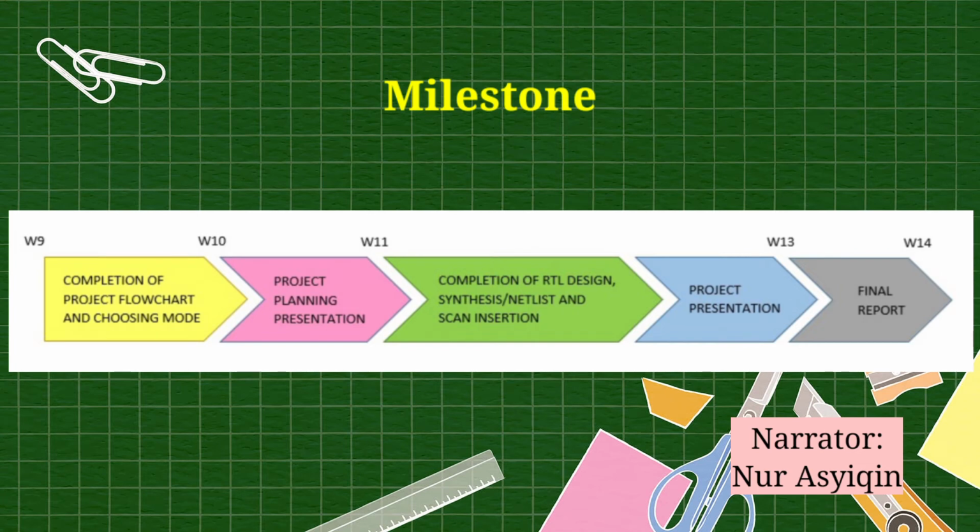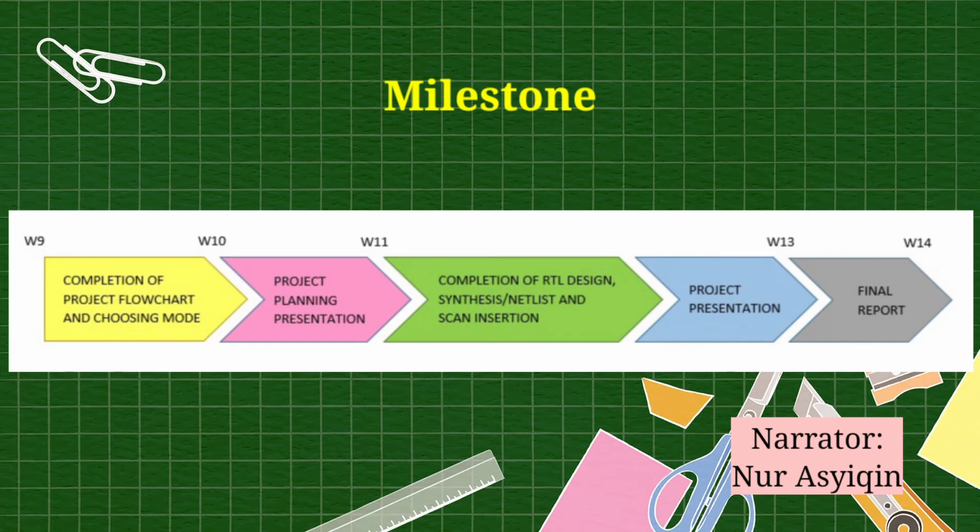Now, we're going to talk about the project milestone. The project milestone is quite similar to the Gantt chart, except it is more to measure achievement in the project flow instead of listing down all the processes like in the Gantt chart. As you can see from the figure shown, we start all this process in week 9. And by the end of week 10, the project flowchart has been completed and the decision making on the suitable mode for this project has been achieved.